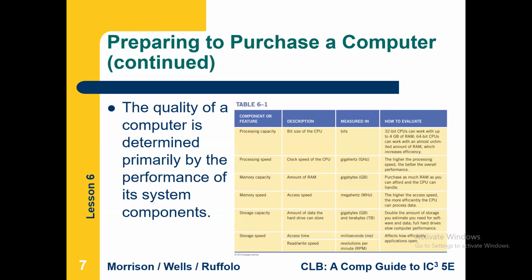Then the storage capacity also tells you the amount of data that the hard drive can store, or how much space you have to store your data. And that one is also measured in gigabytes or terabytes.